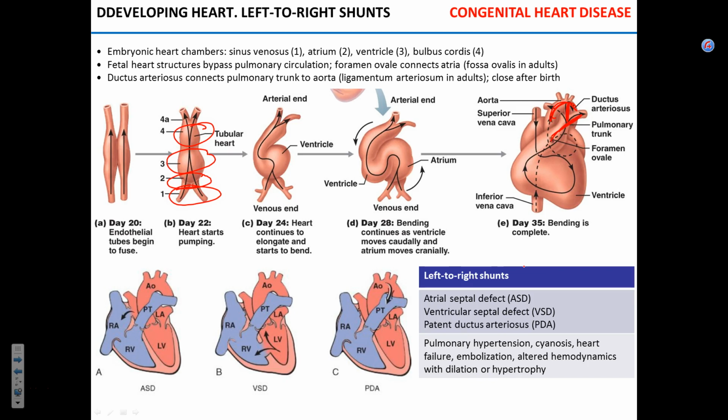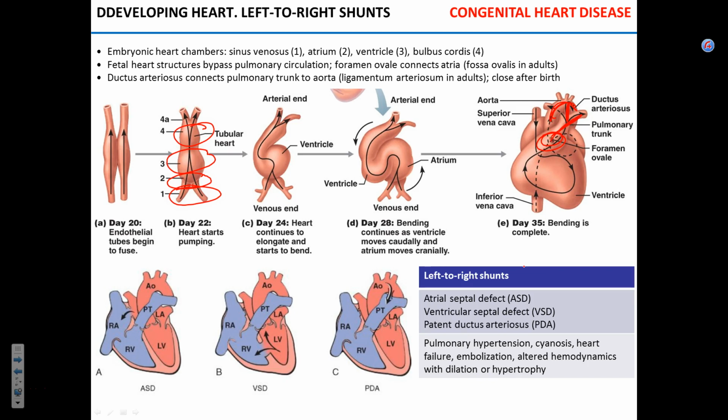There's no need to separate them. Why? Babies don't breathe. They receive oxygen through the placenta. They don't breathe, right? So there's no need to separate the circuits that lead to the lungs from circuits that lead to the tissue. That's the main outcome. So foramen ovale connects the two atria in babies.